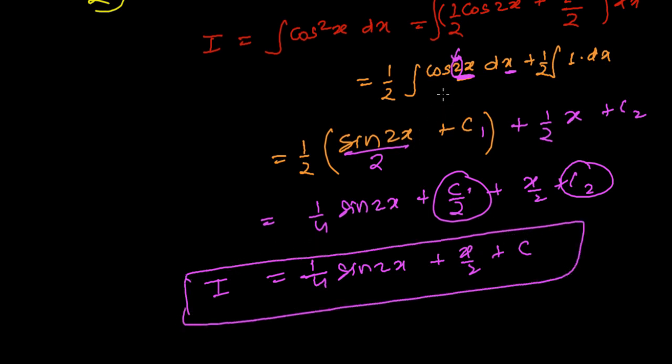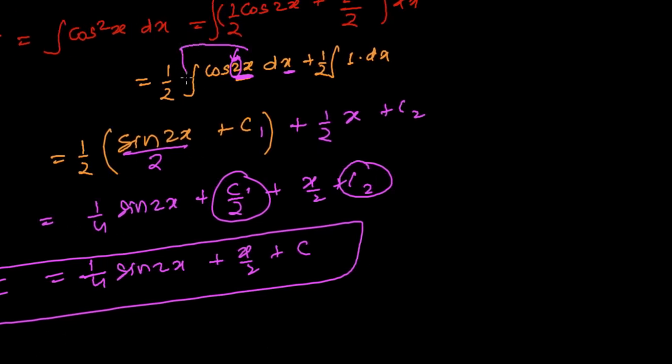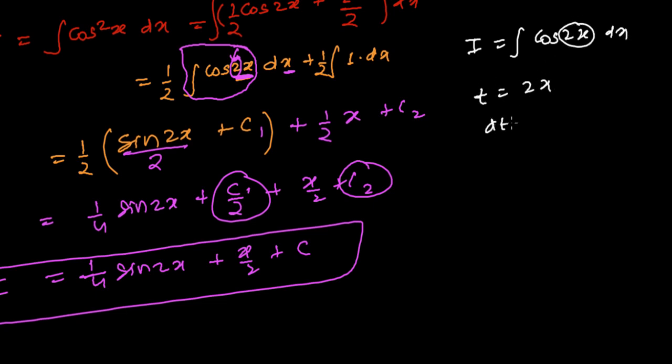And now let me tell you how this came. If you find the integration of this by the substitution method, it will be very clear. If your integral is, let's say, cosine of 2x dx, then let t equal 2x. So dt over dx will be 2, so dt over 2 is going to be dx.